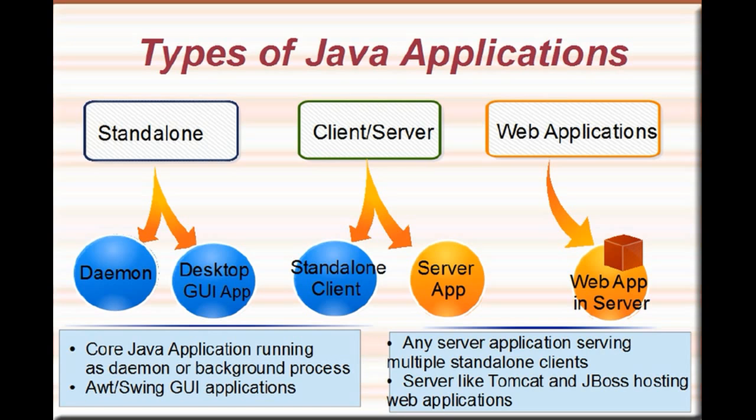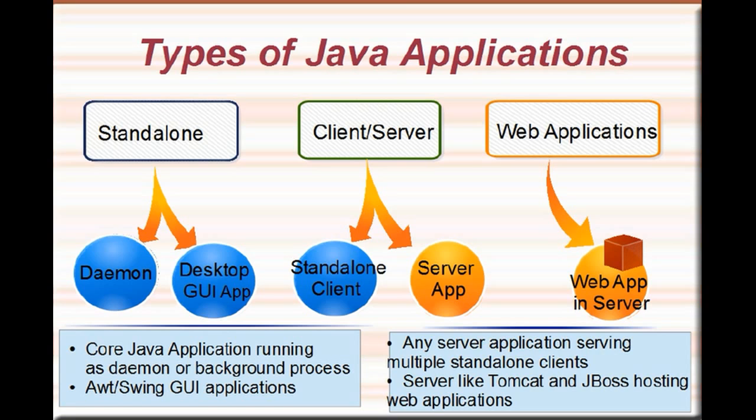So we can develop three types of applications at a high level: the standalone applications, client-server applications, and web applications. The standalone applications can be divided into two parts: the daemon applications, which run in the background, and the GUI applications, which have some graphical user interface.